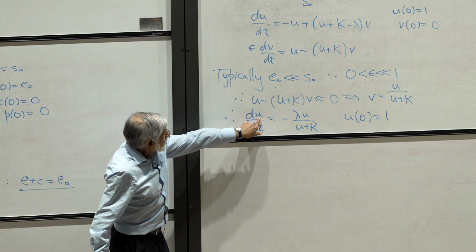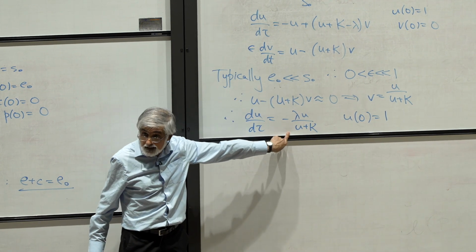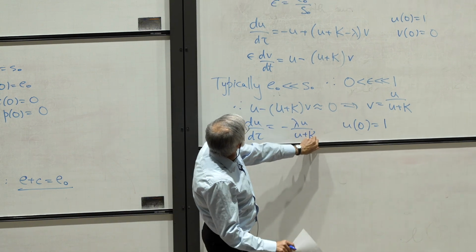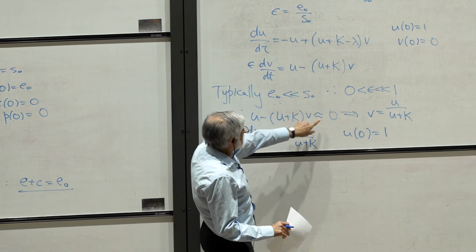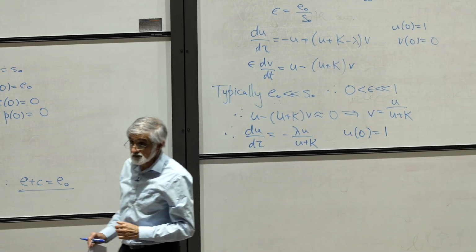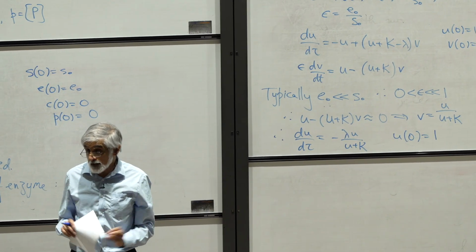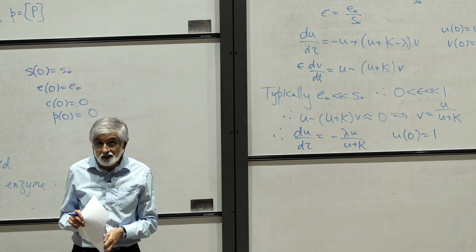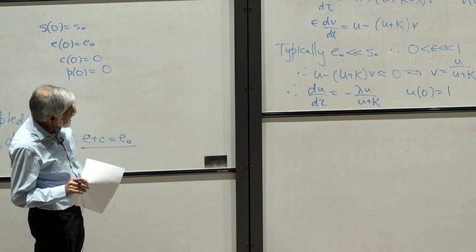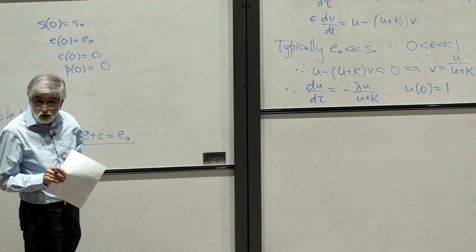So we can solve for this analytically, and then we put in that v is u over u plus k. And then we're done. Except, what about the condition v of naught equals naught?